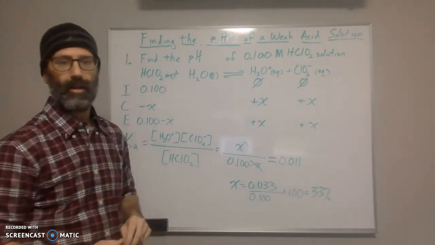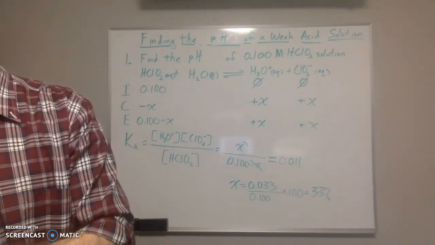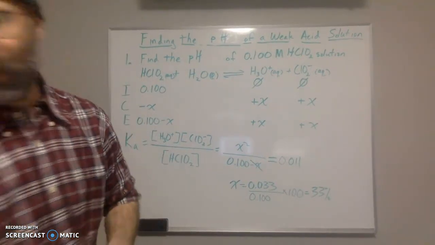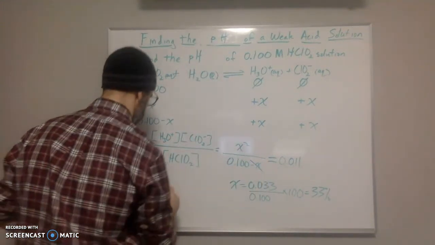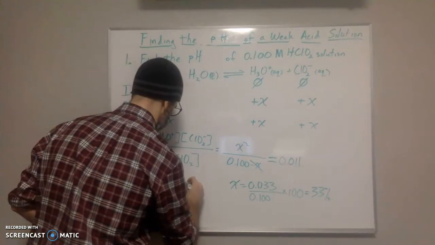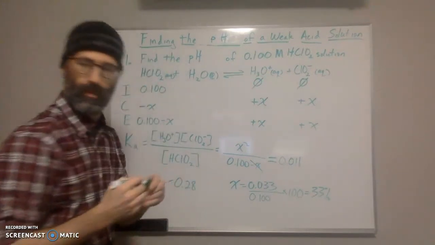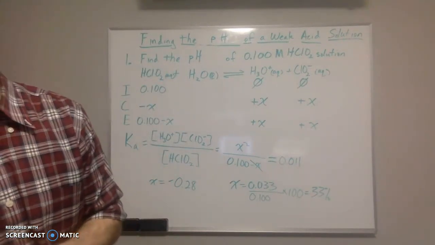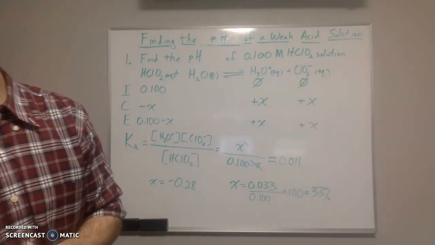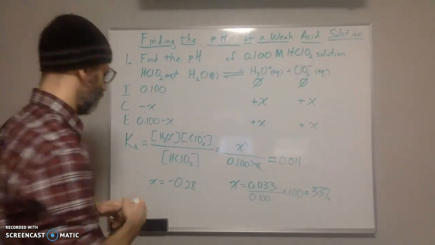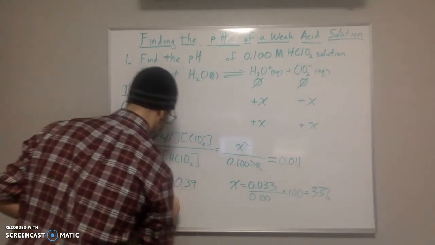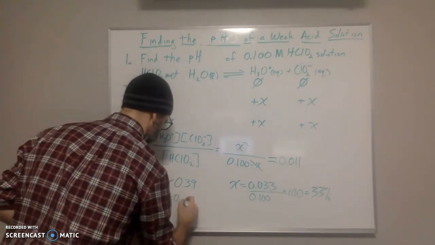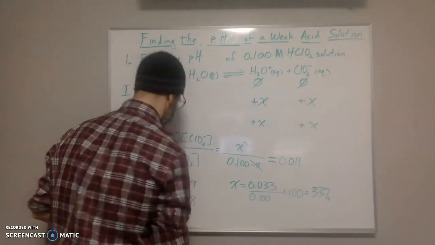So when you do that, you'll get an x value of either negative 0.39, or a positive 0.28.